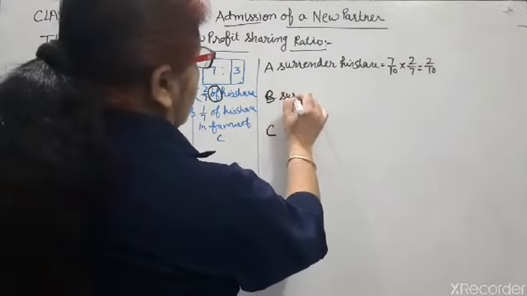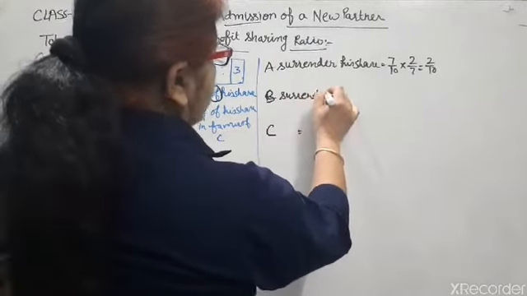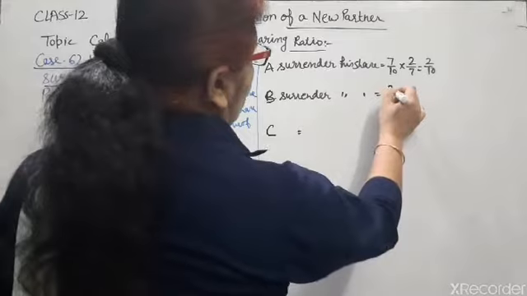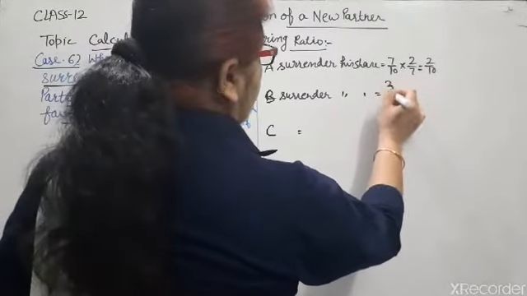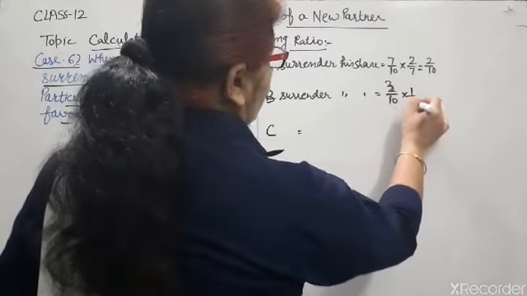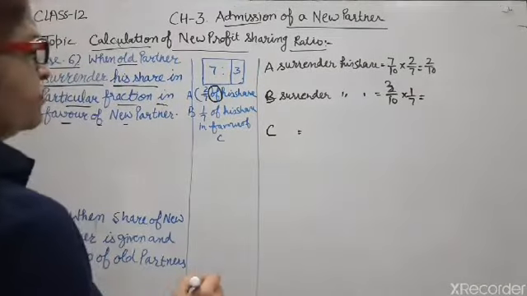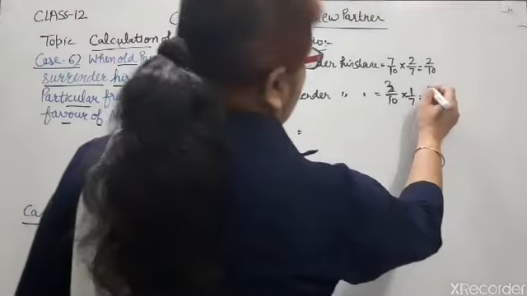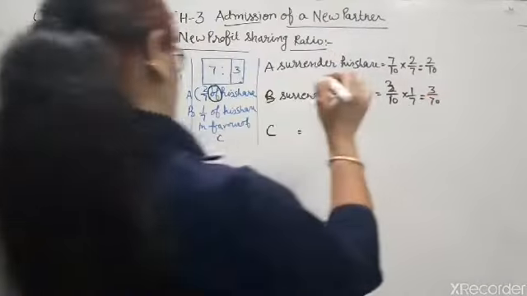And B sacrifices his share: 3/10 multiplied by 1/7, that is 3/70.